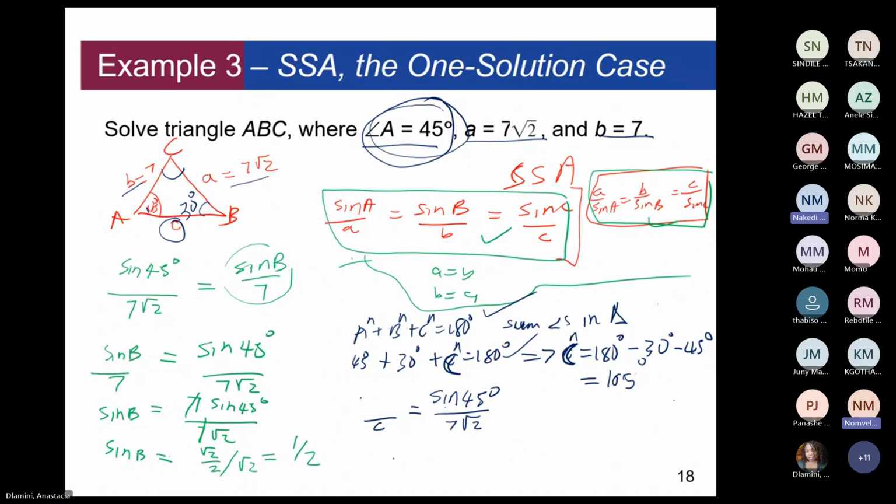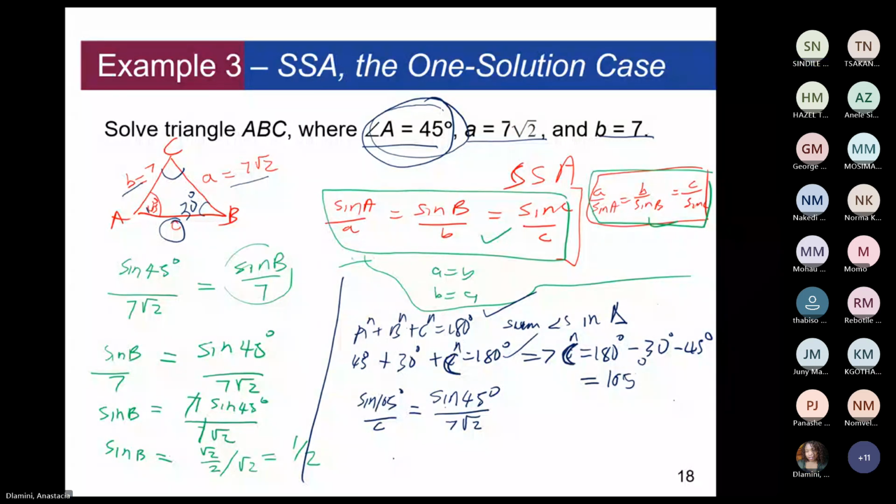Yes. So that is sine. You can use your calculator here because 105 is not a special angle. So let's calculate here.